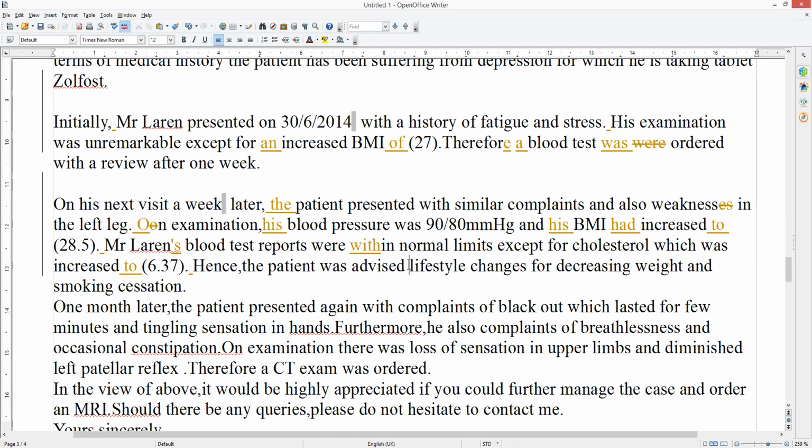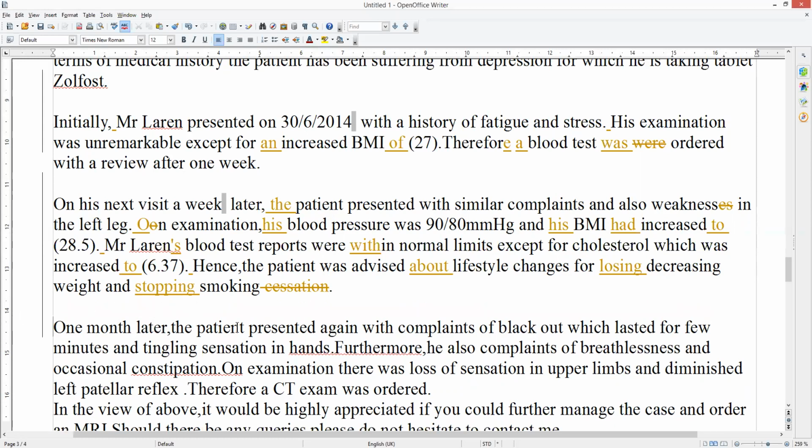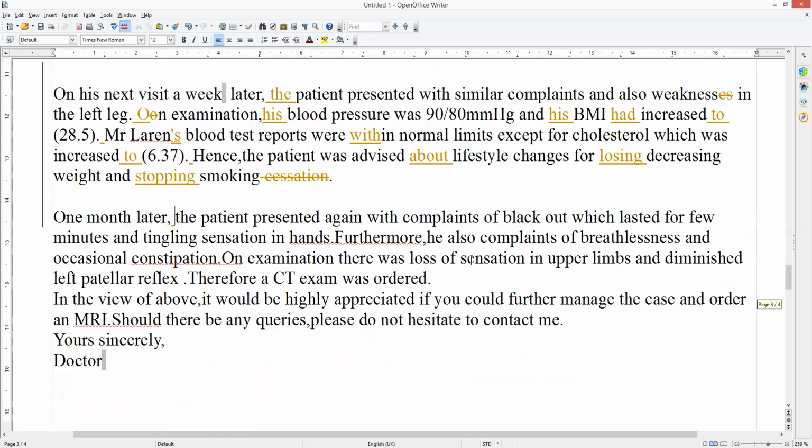What was advised about lifestyle changes? "For losing weight and stopping smoking." "One month later, the patient presented again with complaints of blackout." It's either a blackout or blackouts.